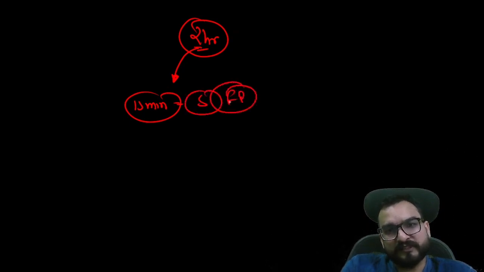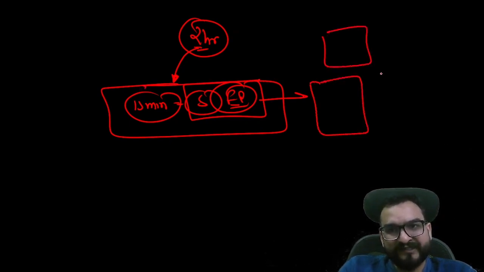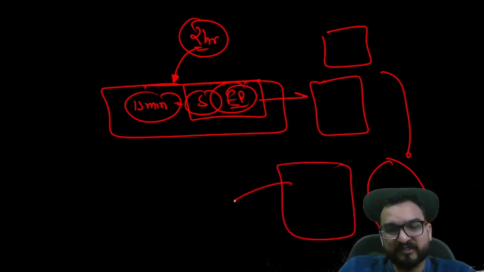Now this 2 hour lecture will be completed. How will you complete it? For example, in these 2 hours, in the first 15 minutes I told you about soil forming processes. This is the topic I told you. So you have to pause the video after 15 minutes and then open up the book, open up my PPTs, write it down in your notes if you are a first attempter, and make the crux if you are a second attempter or a repeater. This is how you have to utilize it.